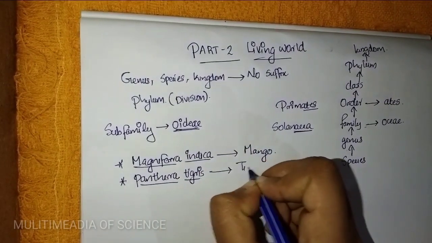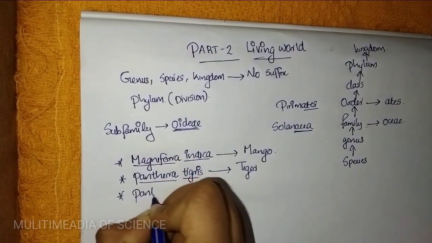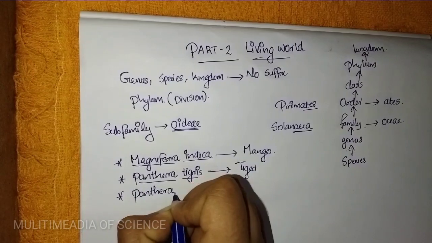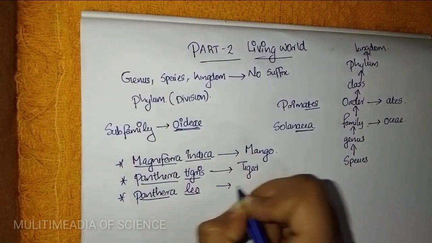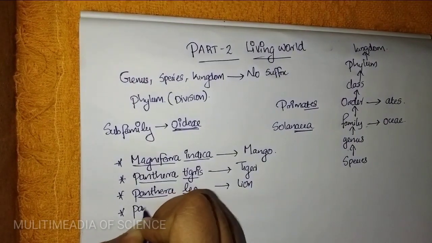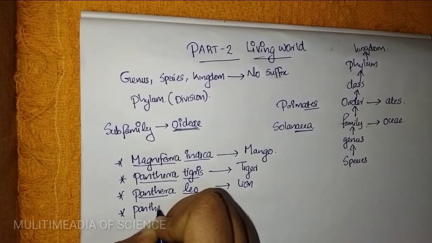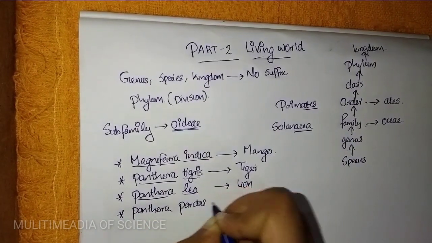It is the scientific name for tiger. Another one is Panthera leo, for lion. And next is Panthera pardus, for leopard.